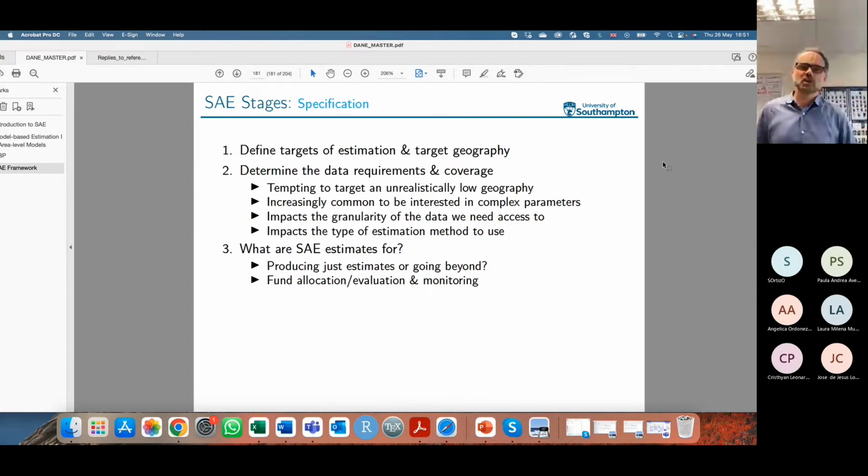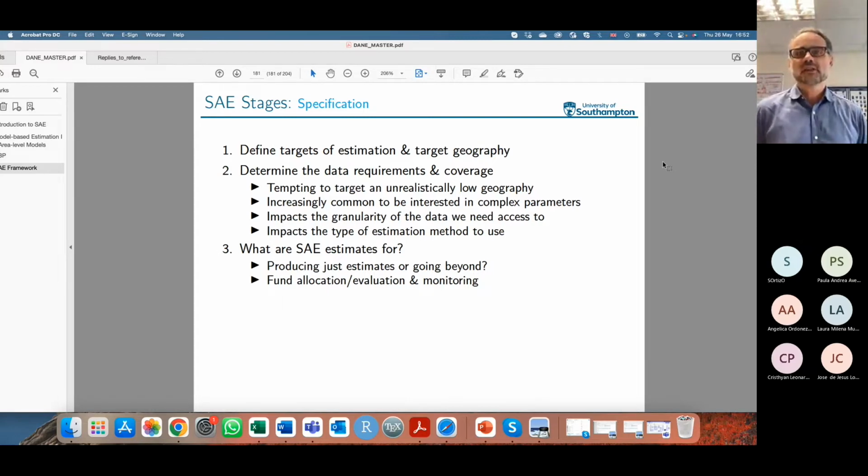So I'm going to go a bit more in detail into this framework. As I said, the first thing is to define the targets of estimation and the target geography, and then to determine the data requirements and the coverage. It is very tempting to target an unrealistically low geography, okay?